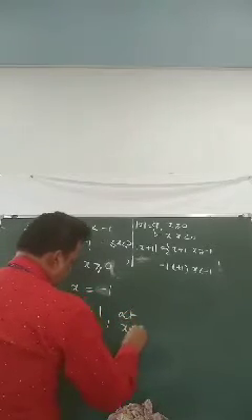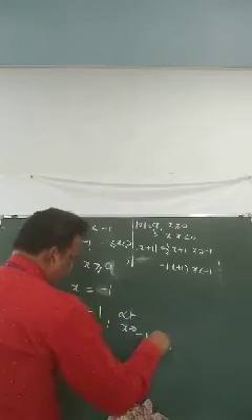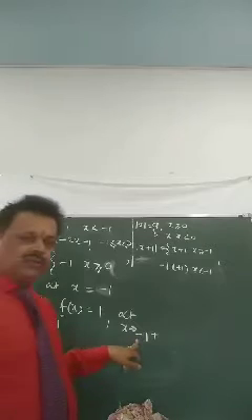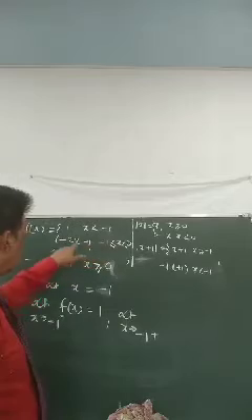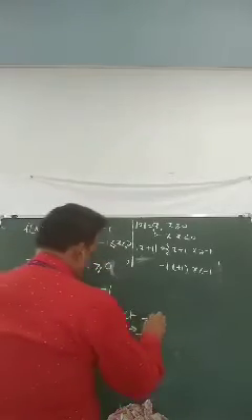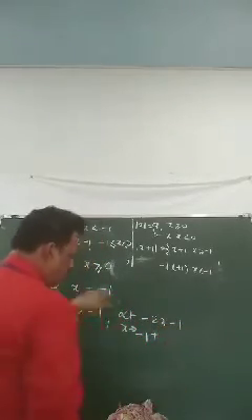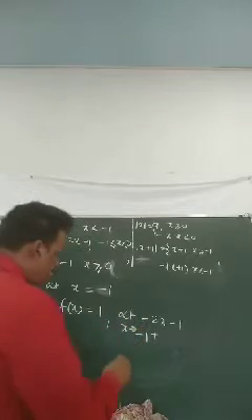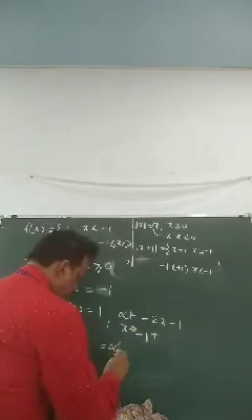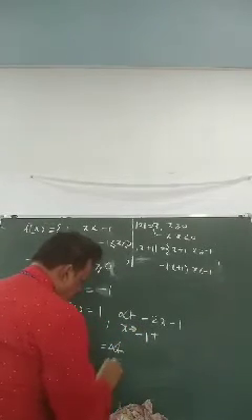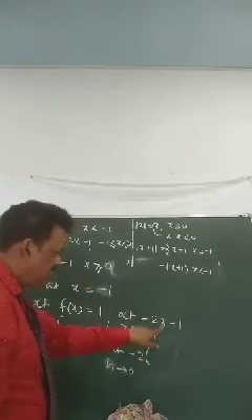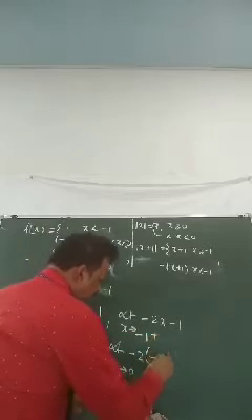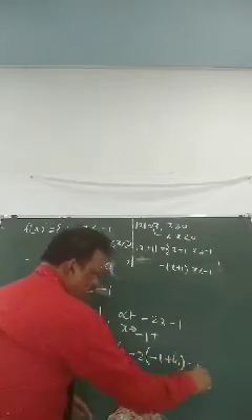Limit x tends to -1 from the plus side is -2x minus 1. How to change the limit? That is limit h tends to 0 of -2 times (-1 plus h) minus 1.